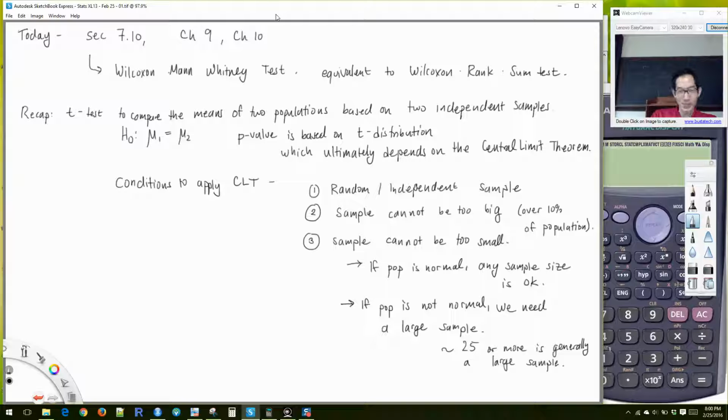So if condition 1 is violated, then there's nothing we can do. But Wilcoxon Mann-Whitney and Wilcoxon rank sum kind of try to say what we can do if condition 3, that is the large sample condition, is violated.